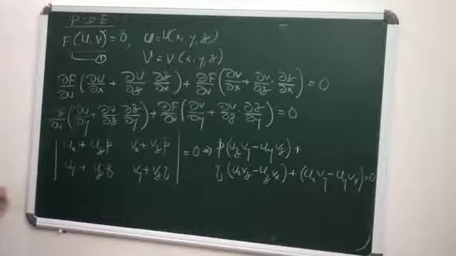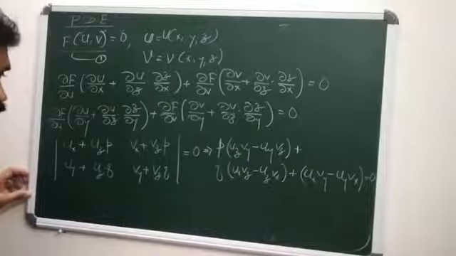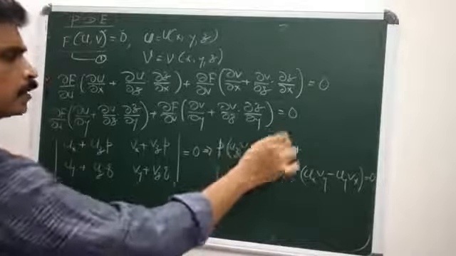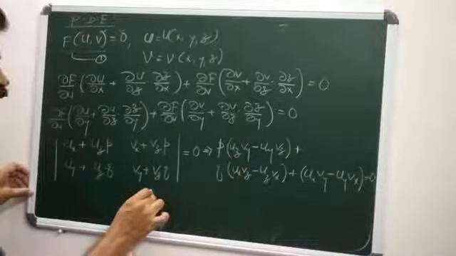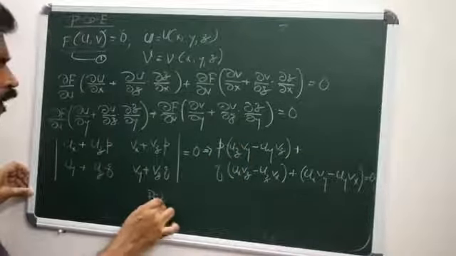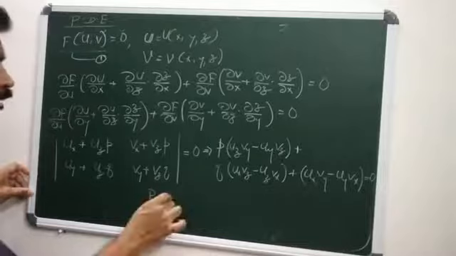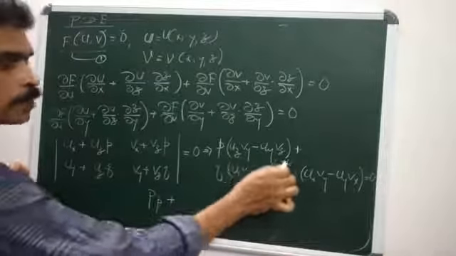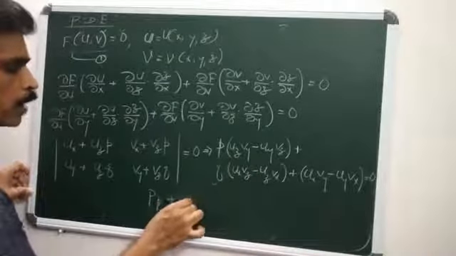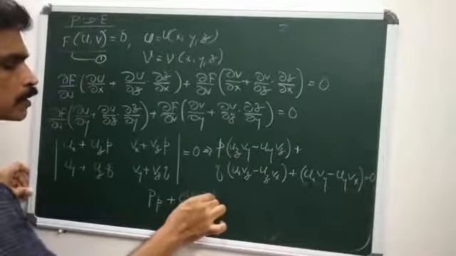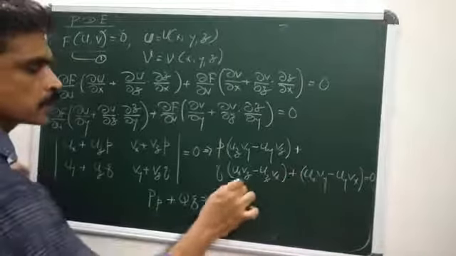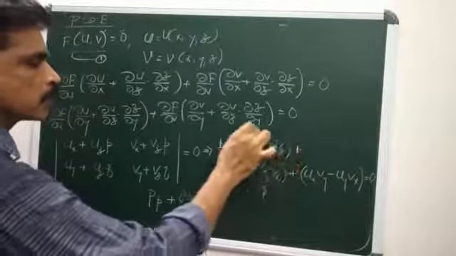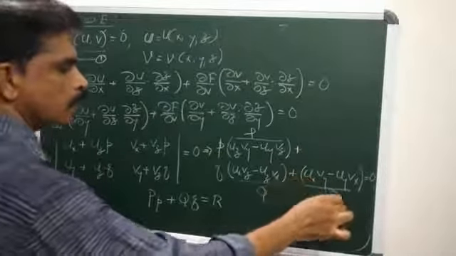Suppose this bracket is referred to as capital P, this as capital Q, and this as capital R.